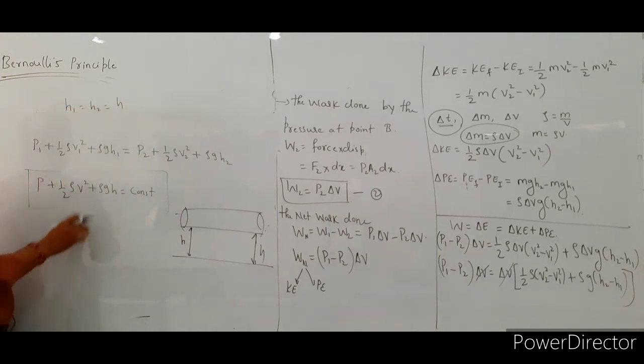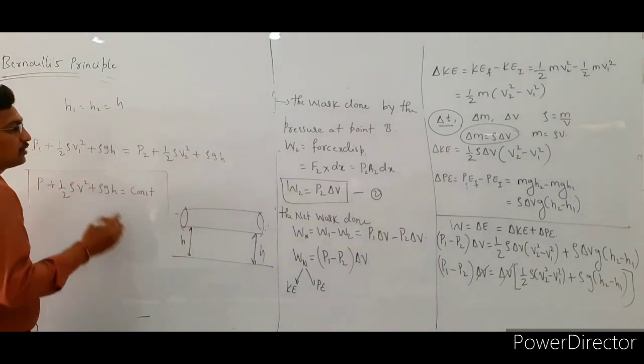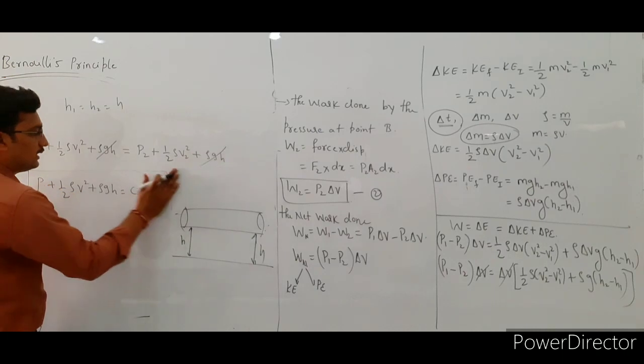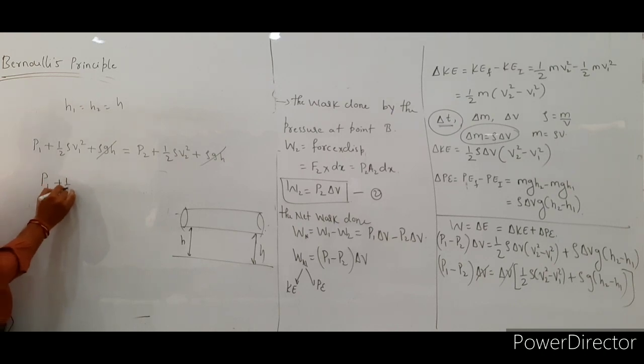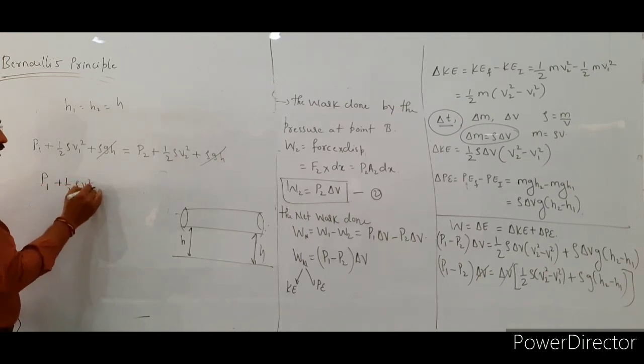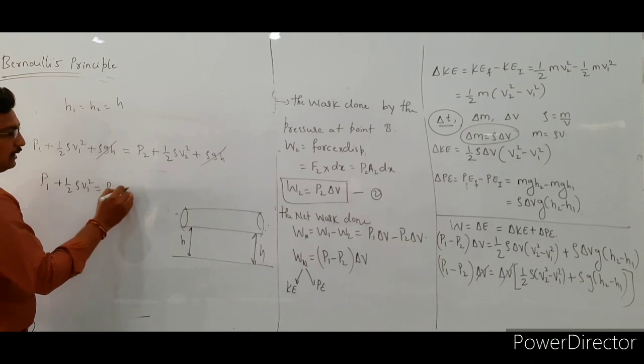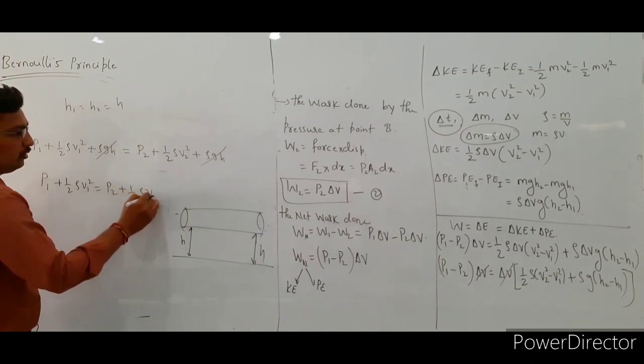So substitute the h1 value here. h1 is h and h2 is also h. So in this case, both terms get cancelled. In that case, the expression becomes P1 + 1/2 ρV1² equals P2 + 1/2 ρV2².